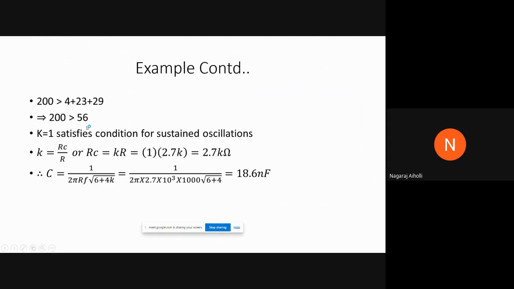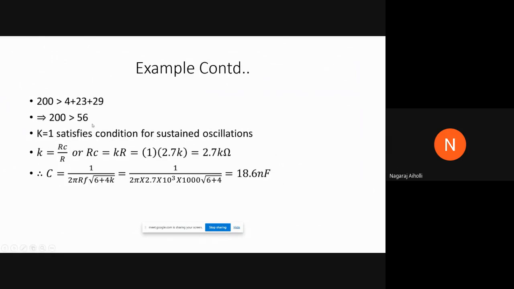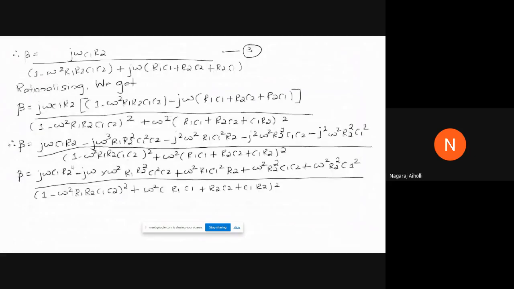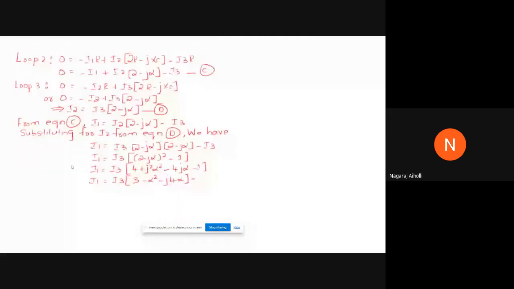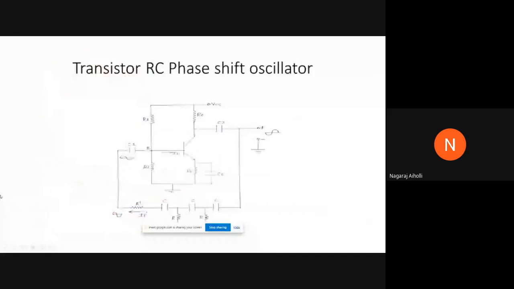That is, hFE will be greater than 4K plus 23 plus 29 by K. So K equal to 1 satisfies the condition for sustained oscillations, that is Barkhausen criteria. K is equal to RC by R. In the derivation of the frequency of oscillation for the RC phase shift oscillator, we have assumed K equal to RC by R.